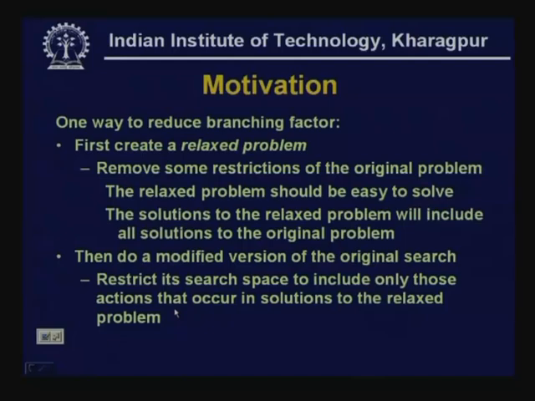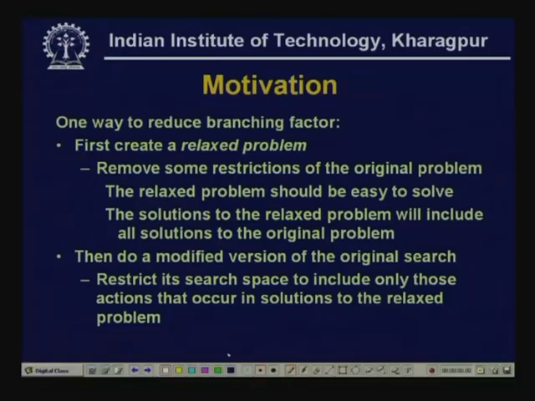Now, one way to reduce the branching factor is as follows. First, you consider a relaxed problem. Given the original problem, you take a relaxed version of the problem where you let go of some of the constraints, that is, you remove some restrictions of the original problem, and the relaxed problem that you get should be easy to solve, and the solution to this relaxed problem will include the solution to the original problem.